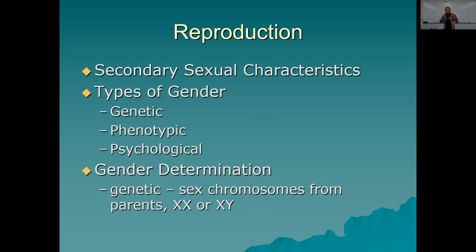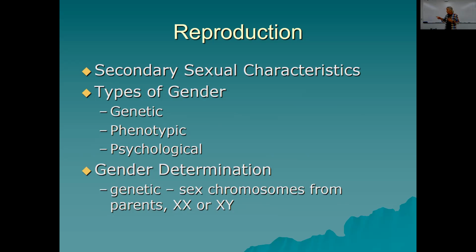That's genetic gender. And then there's phenotypic gender. A phenotype means how you look on the outside. Do you look like a male? You have male genitals, and if you're an adult, you have male secondary sexual characteristics, or female genitals, or female secondary characteristics. So how you look on the outside.